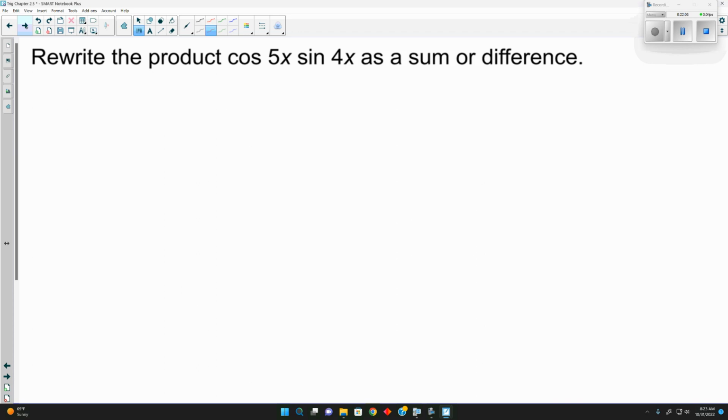Rewrite the product, cosine of 5x, sine of 4x as a sum or difference. So again, reference sheet. Up in the top corner on the first page, we do have product to sum formulas. And if we look at the product to sum that they gave us, we have cosine times sine.